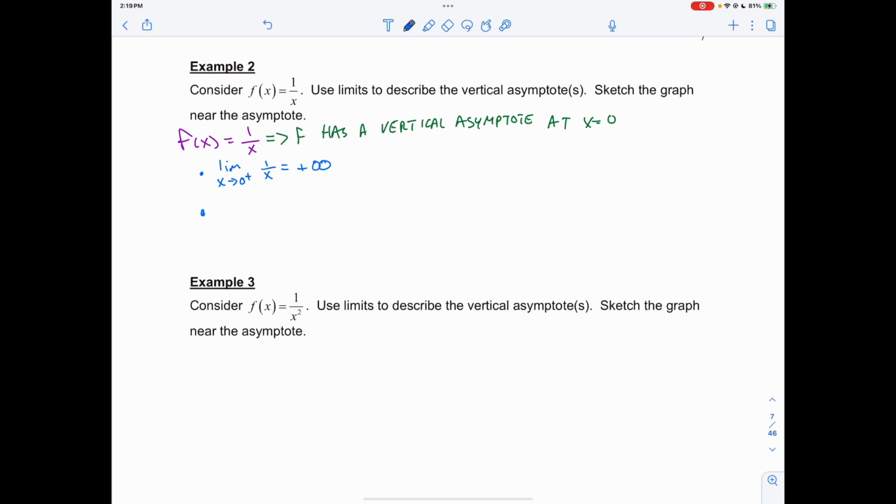When I take the limit as x approaches 0 from the left for 1 over x, then that would be negative 0.000000, whatever it happens to be, and that's going to give me approaching negative infinity.